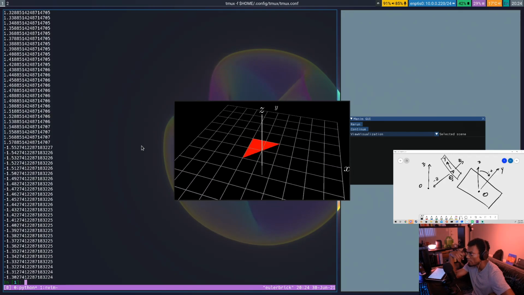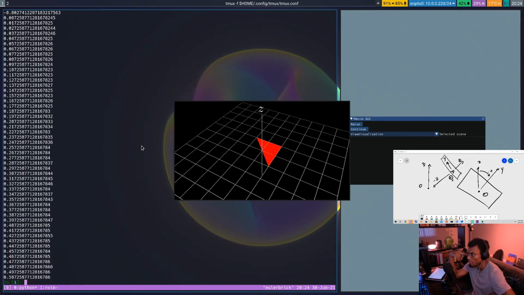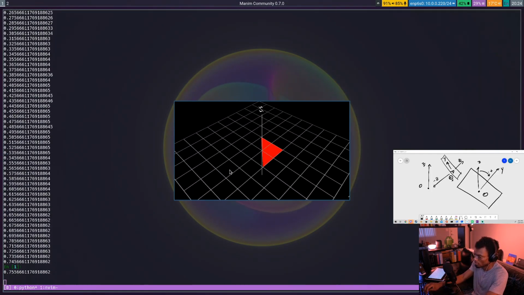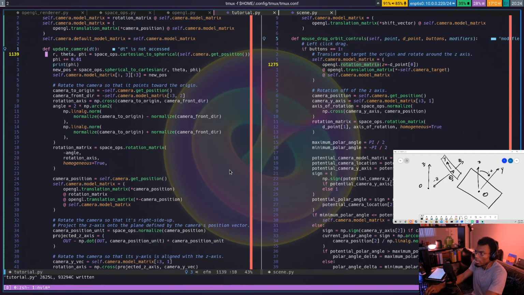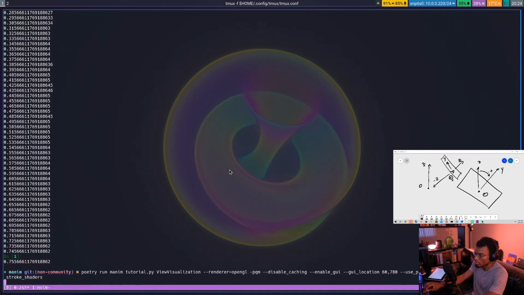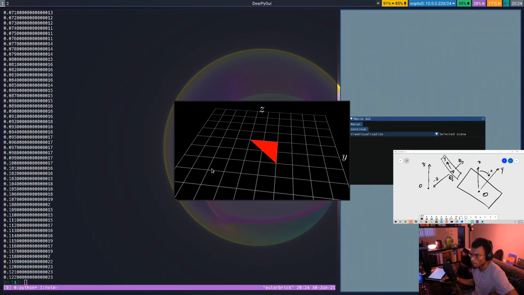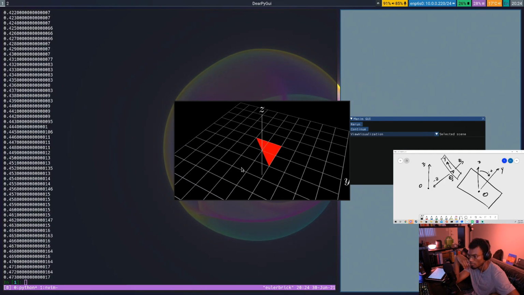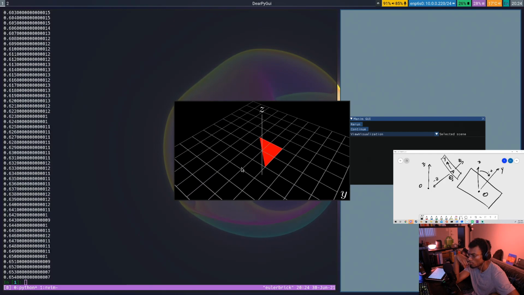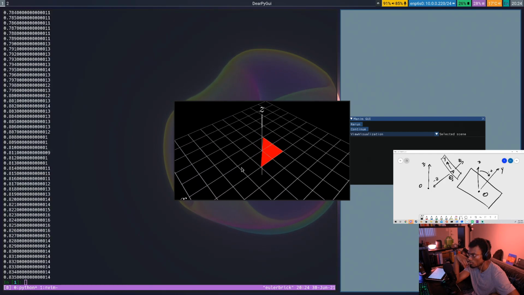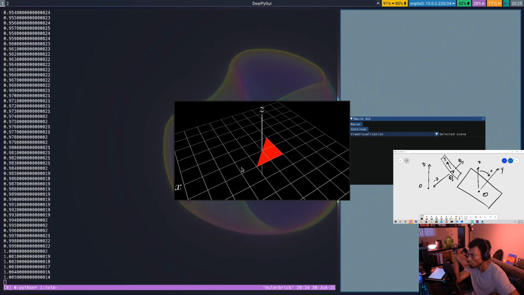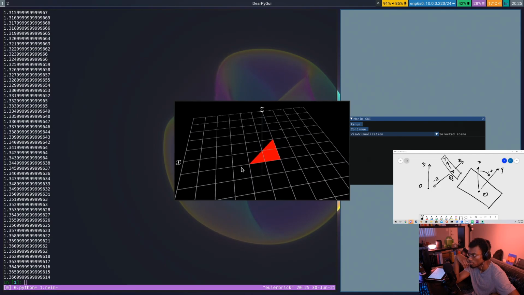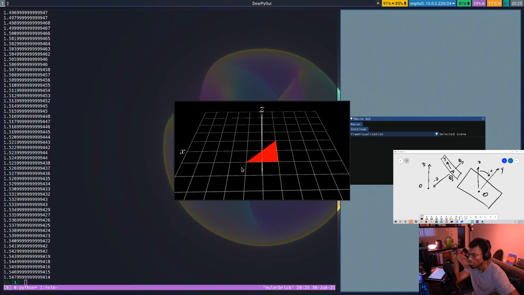So I guess I want to keep phi in the range from negative pi over 2 to... I can't tell. Slow it down. Okay, that's 0. Now I wish it was faster. From 0 to pi over 2.